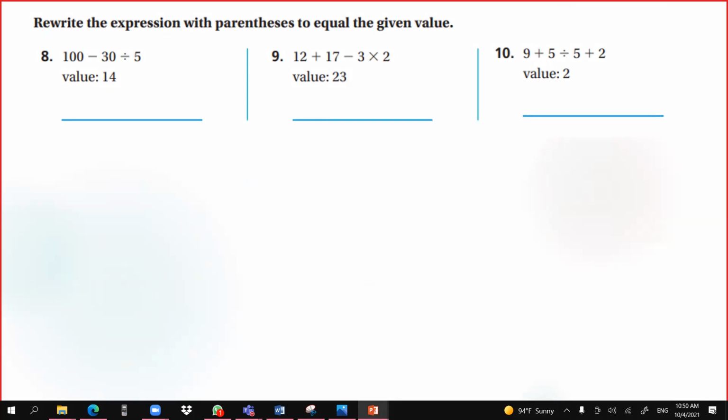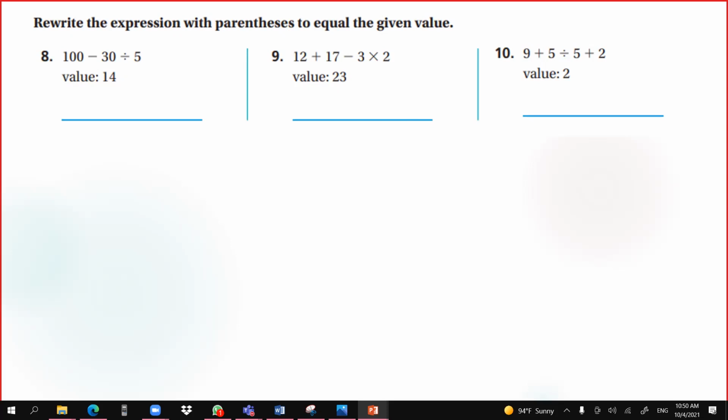Let's choose Lana. Here we have 100 minus 30 divided by 5.